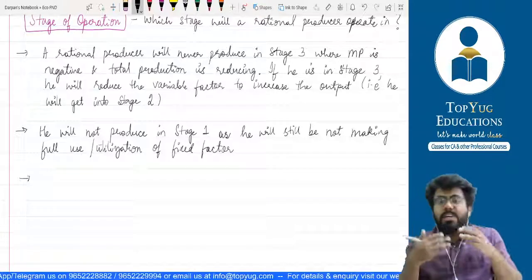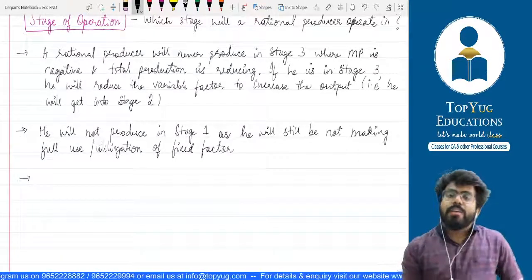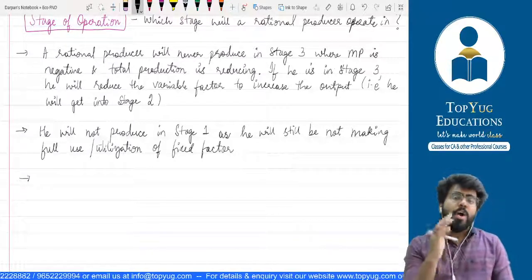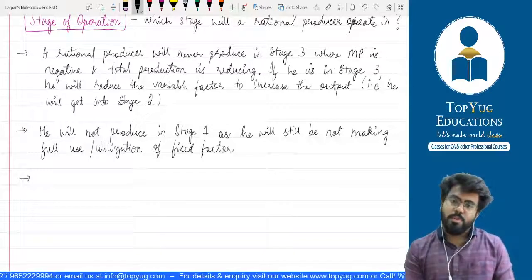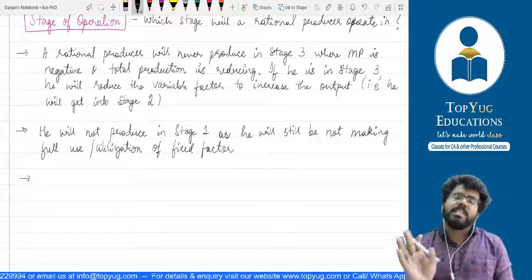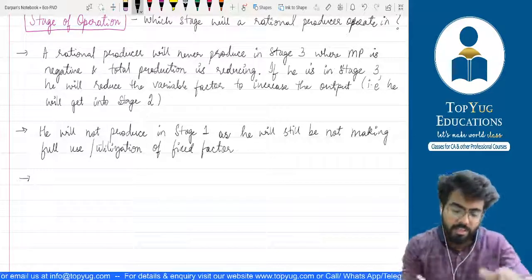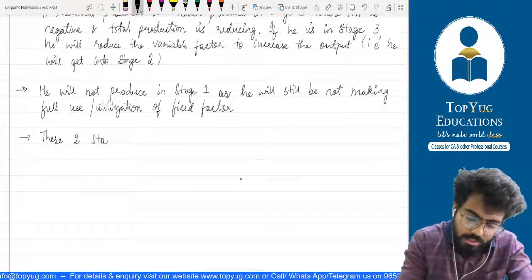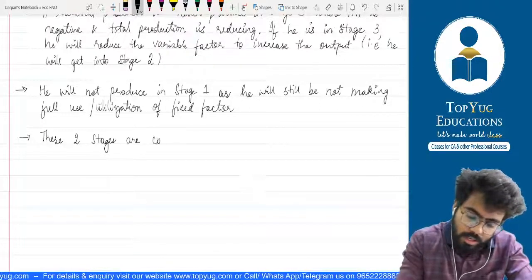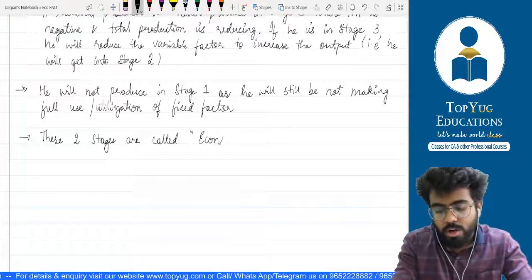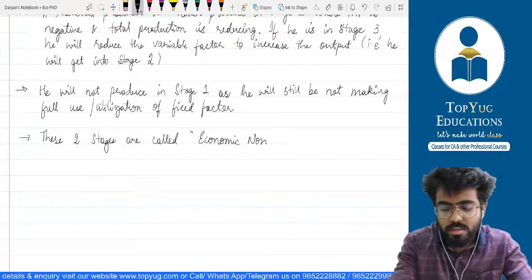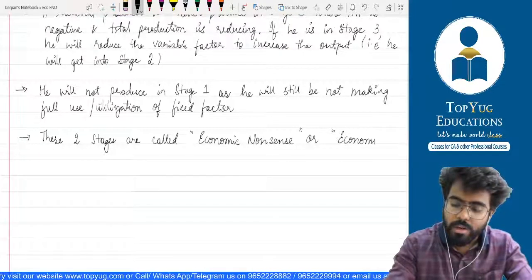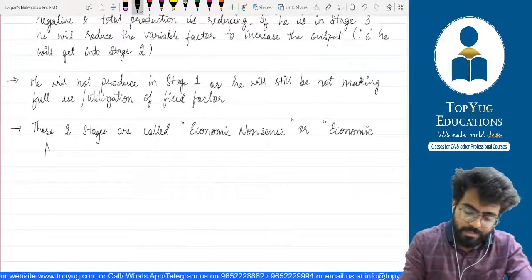Next line. Now these two stages have a name in economics. They are called economic absurdity or economic nonsense. That means they don't make sense. So write down: these two stages are called economic nonsense or economic absurdity.